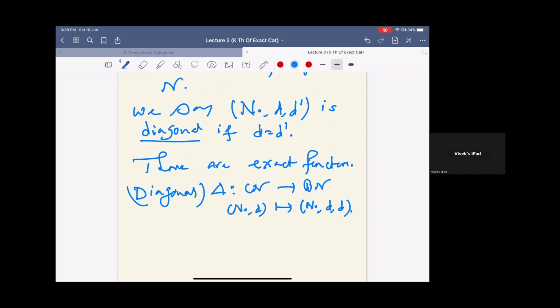And there is a top functor, T, from Bn to Cn. So basically you are forgetting the bottom differential. And this is a bottom functor.